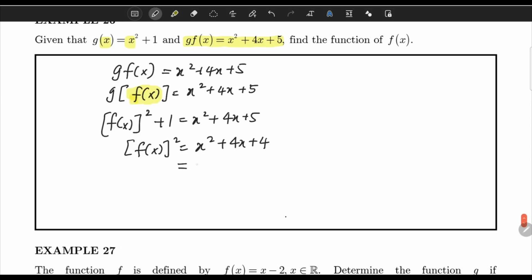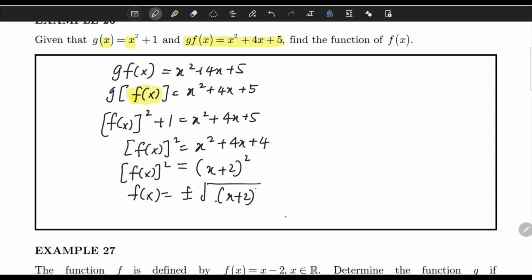So then the right side, we use completing the square. So we get x plus 2 squared. So this is your f of x bracket squared. So bracket squared here, bring it to the right side, we get plus minus square root of x plus 2 squared. So you have the square root and you have the square there.